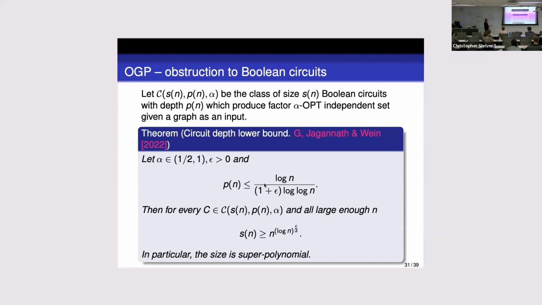Take any approximation factor larger than 1/2. Take any epsilon. If the circuit has depth at most that much, which is the similar scaling that we've seen in parity, then this circuit should have a super polynomial size. So that's a kind of failure of the circuit.